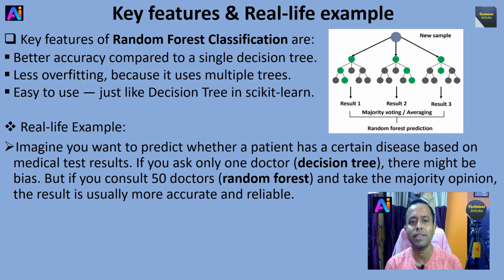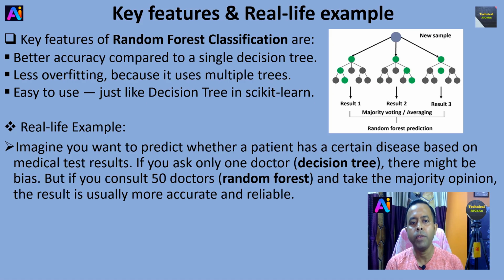It is also easy to use because, just like the decision tree, we use scikit-learn, the sklearn module, for the steps of the random forest classification model. And the real life example is like this. Imagine you want to predict whether a patient has a certain disease based on medical test results.